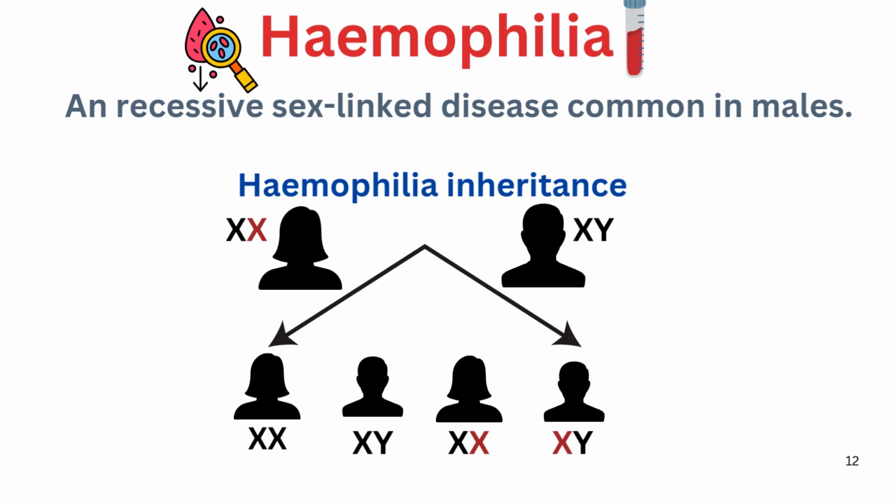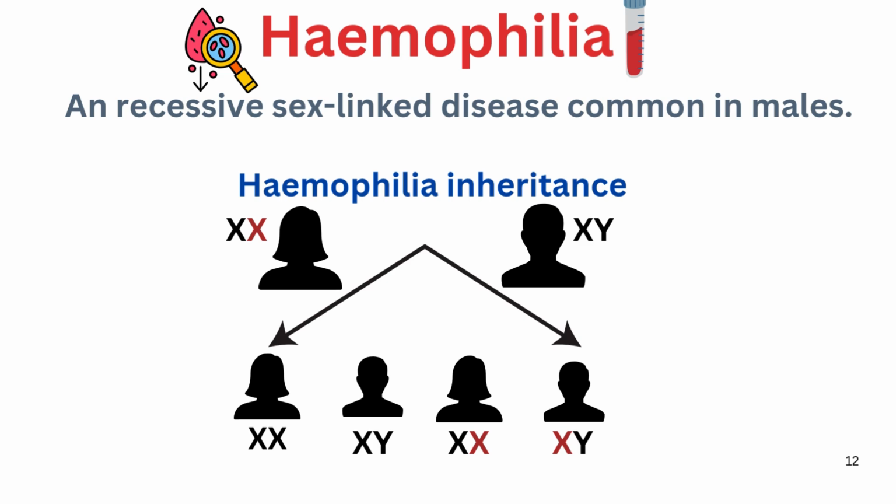For a female to express this disease, she must have two copies of this recessive disease on her chromosomes. A male only has one X chromosome, and if that X chromosome is affected by the disease, he will express it because he doesn't have a backup X chromosome.